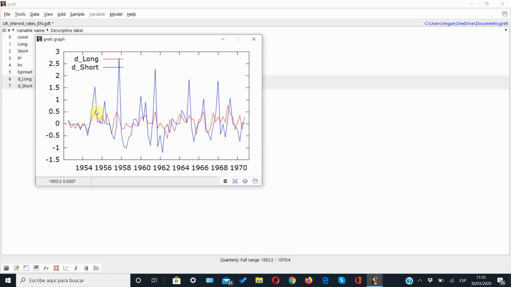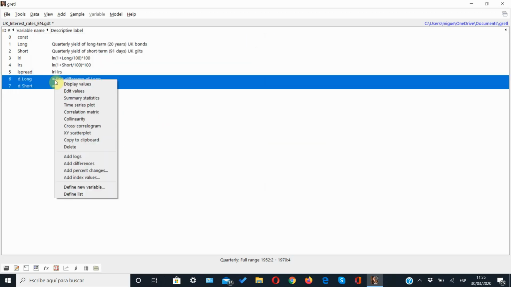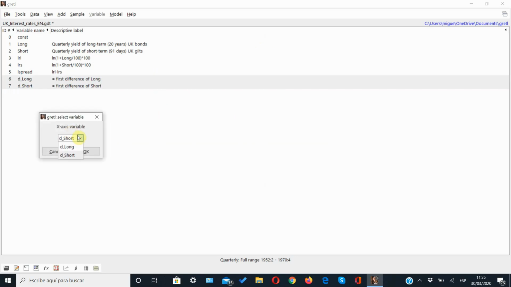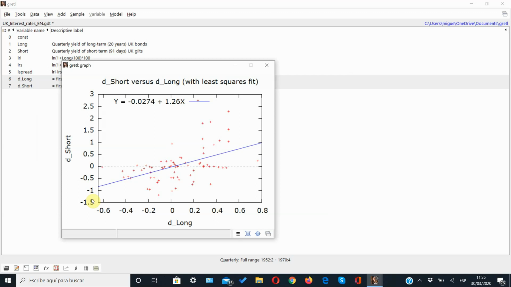So the first order differences are more or less stationary. They are integrated of first order. If I compute the XY scatter plot between them, choosing again long as explanatory variable, I see that the regression line continues being the same.